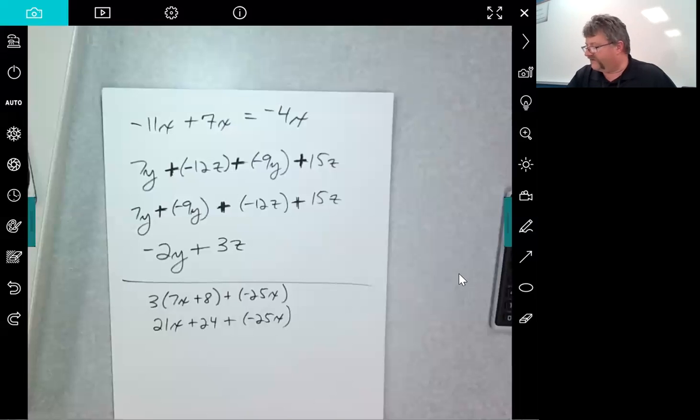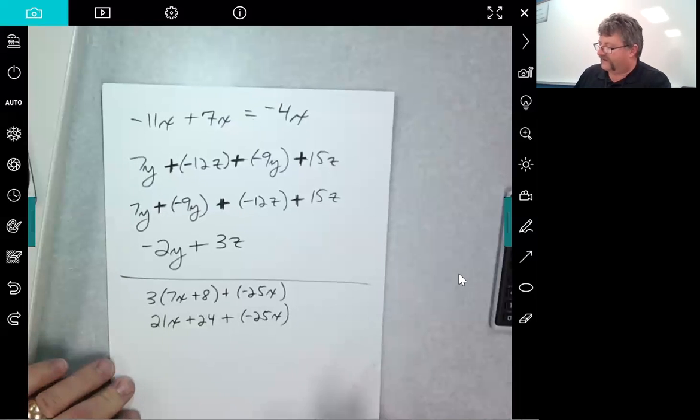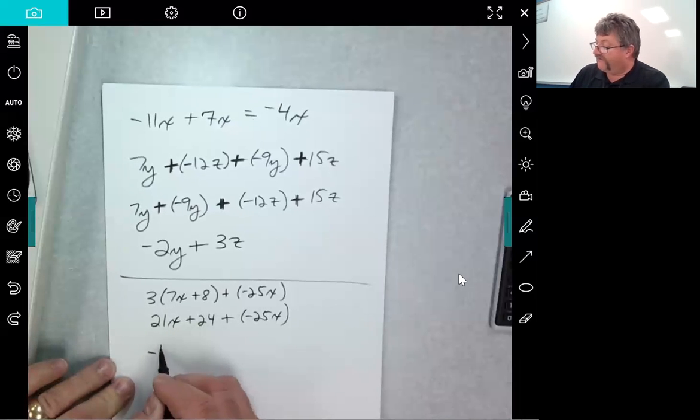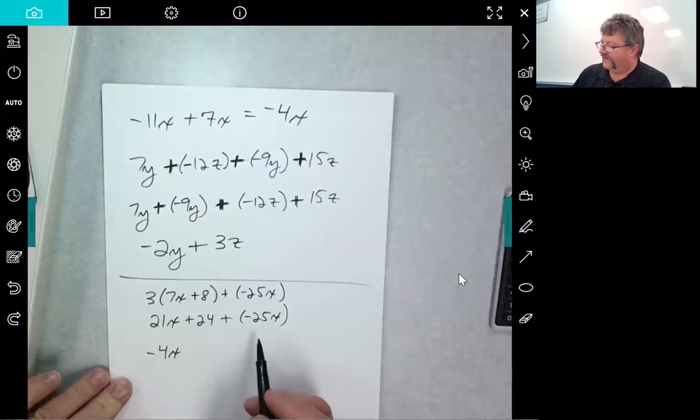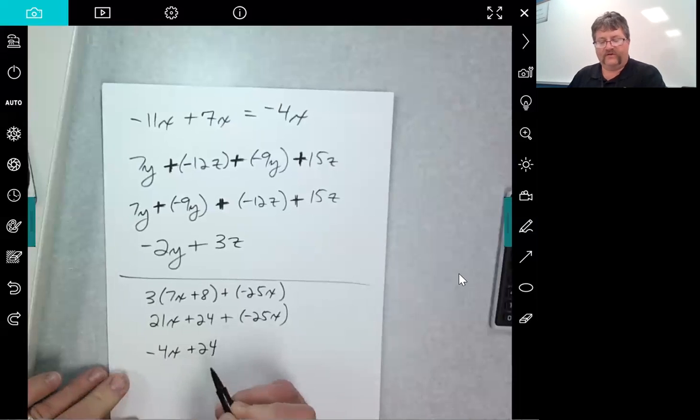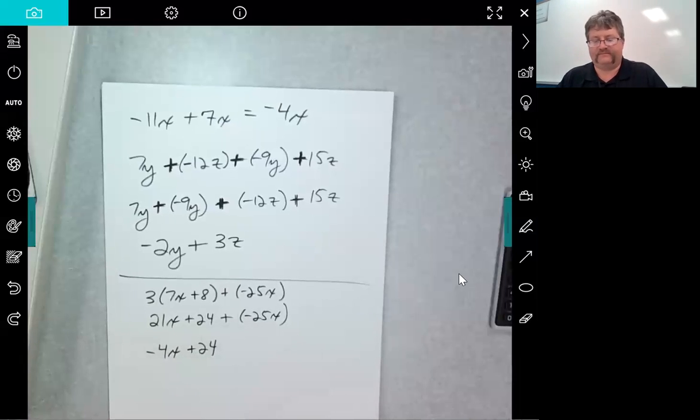One's positive, one's negative. So I'm really subtracting to get a negative 4x. 25 wins the battle of the signs, so negative 4x plus 24. Okay. Everybody good there? I think that's pretty good.